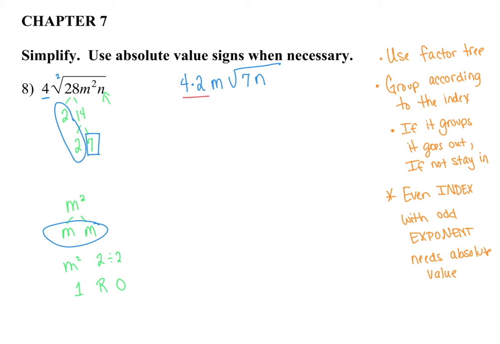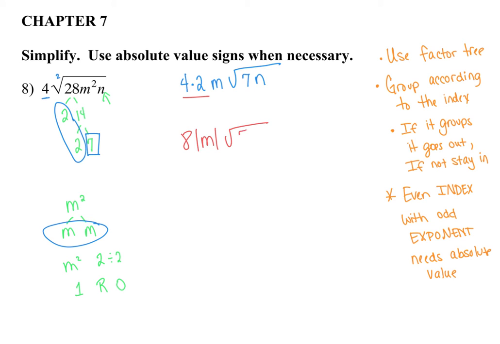4 times 2 is 8. My little note here said, if you have an even index, yes, I do. My index is 2. And I took something out that has an odd exponent. My exponent is 1. That is odd. Then in that situation, I need absolute value symbols on what is on the outside there.